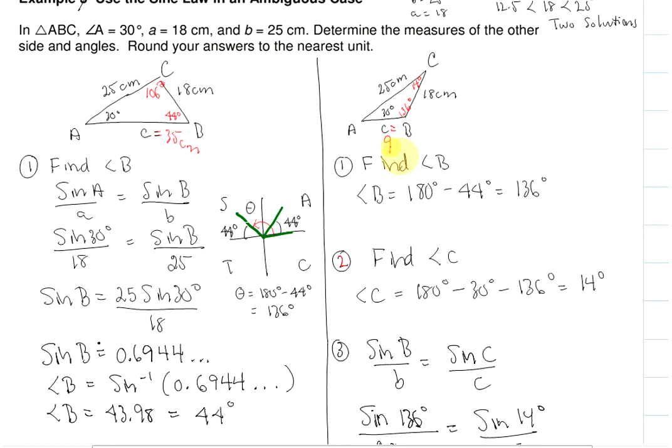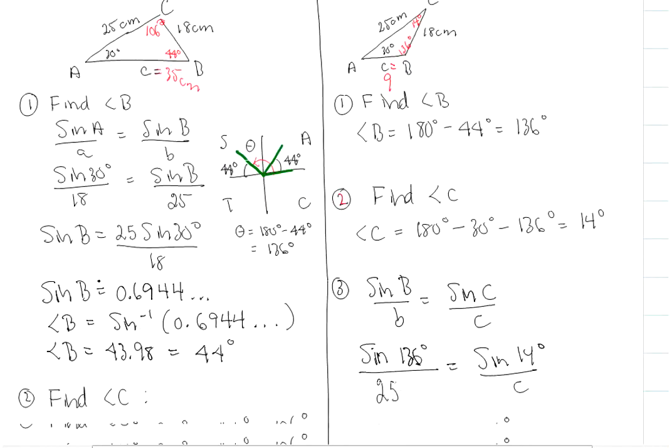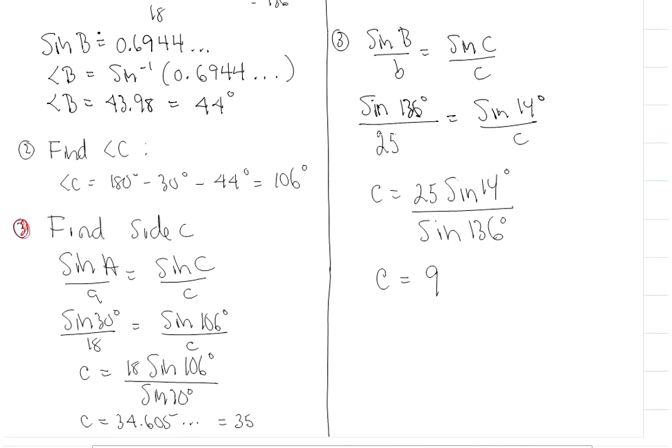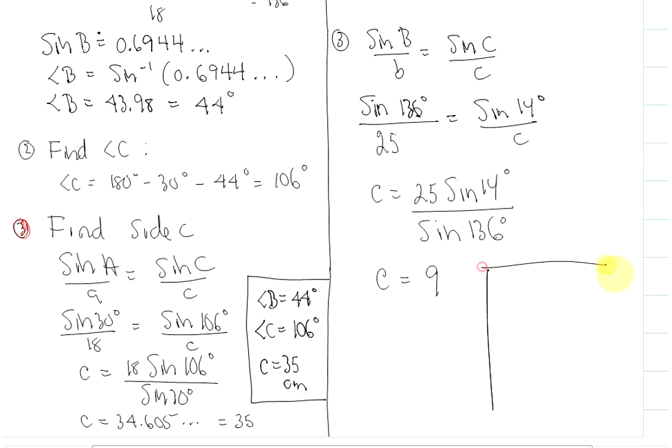Okay, so we've solved both triangles. And I'll just list the information here. So on our first triangle, we have that angle B is equal to 44 degrees. Angle C is equal to 106 degrees, and side C is equal to 35 centimeters.